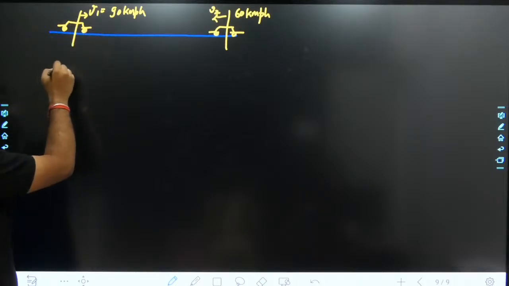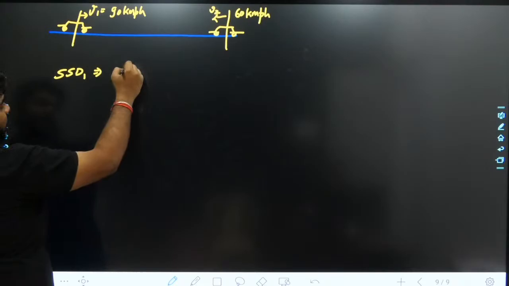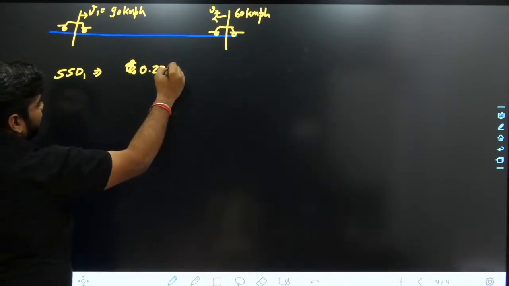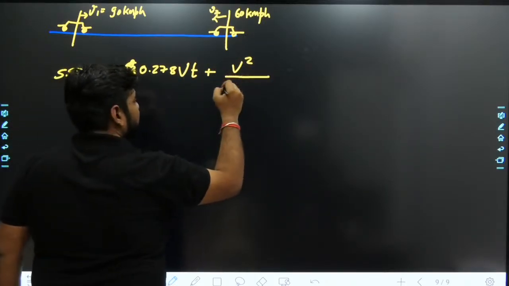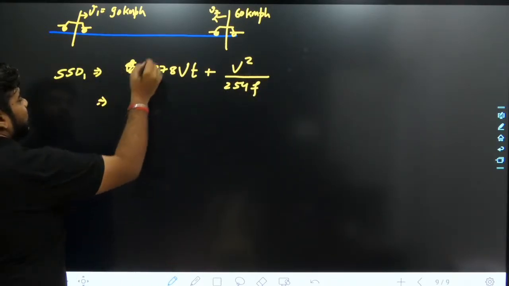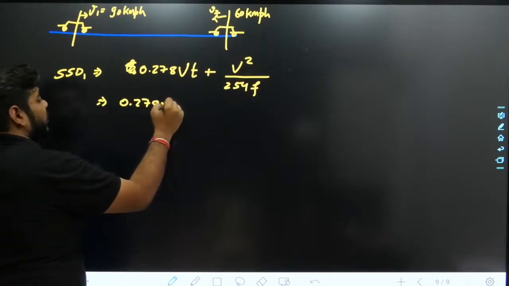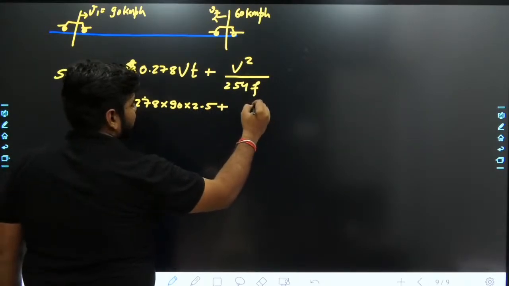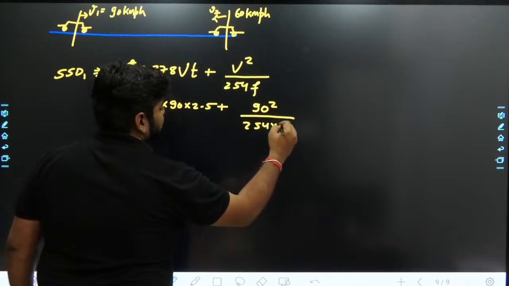From velocity 1, we can calculate the SSD1 distance. SSD1 can be written as 0.278 capital V multiplied by T plus capital V square divided by 254 multiplied by F. We'll put the values here: 0.278 multiplied by 90 multiplied by 2.5 plus 90 square divided by 254 multiplied by 0.35.